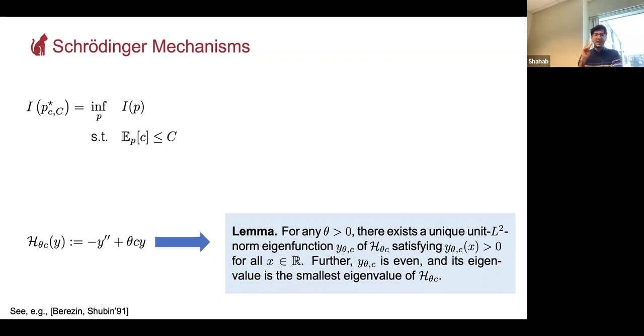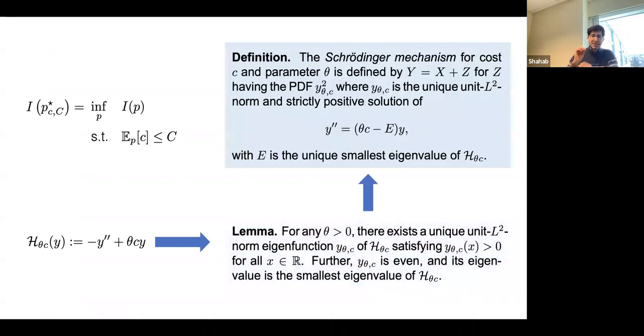There are two keywords here. The first is unique unit L2 norm, which means that if you look at the square of this function, it integrates to 1. So the square of this function, y theta c, is actually a PDF. The second is that the eigenvalue corresponding to this function is the smallest eigenvalue of the Schrödinger operator.